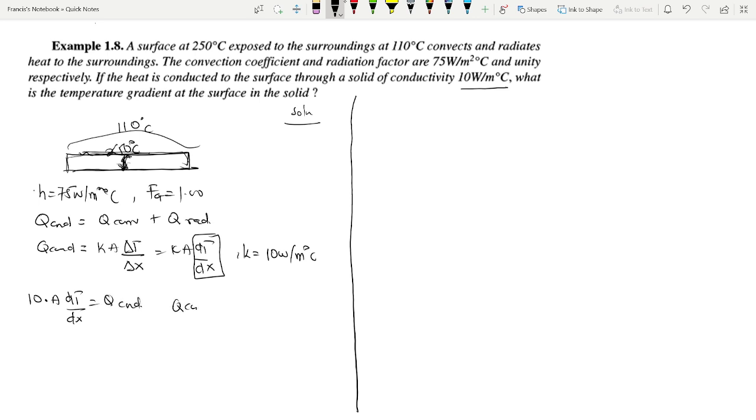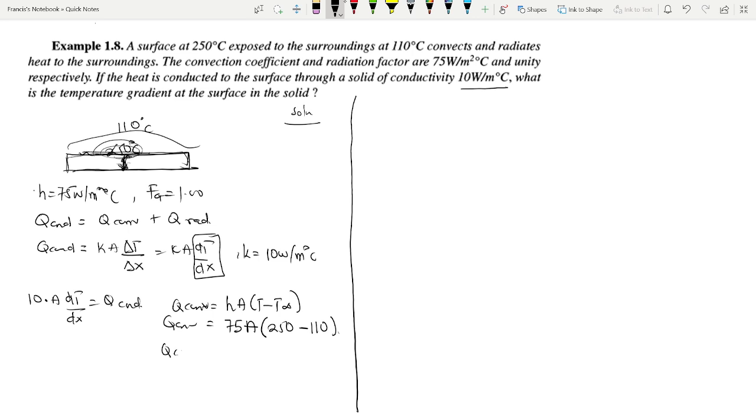Now for heat by convection, we are supposed to use Newton's law of cooling, which is hA multiplying T minus T of the bulk. We have our h to be 75. We have no idea of our area, then our T is from the surface to the surroundings, so 250 minus 110.